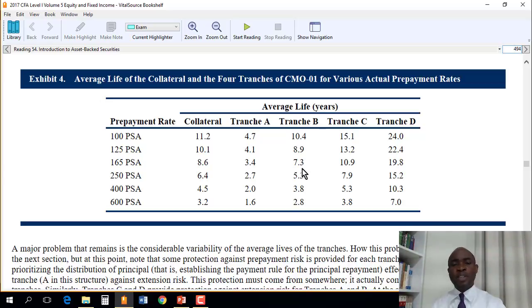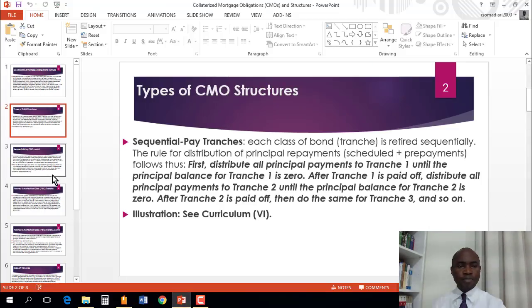Average life for tranche B is 7.3 years, tranche C 7.9 years, tranche D 15.2 years. Now, if you look at this table critically, you notice that the collateral 8.6 years is here. Remember that it is from this collateral that we created tranche A, tranche B, C, and D. Now, 2 tranches are paid earlier than the collateral, and 2 tranches are paid later than the collateral. We'll discuss that shortly.